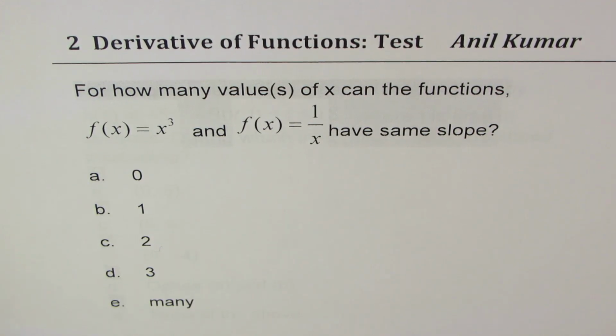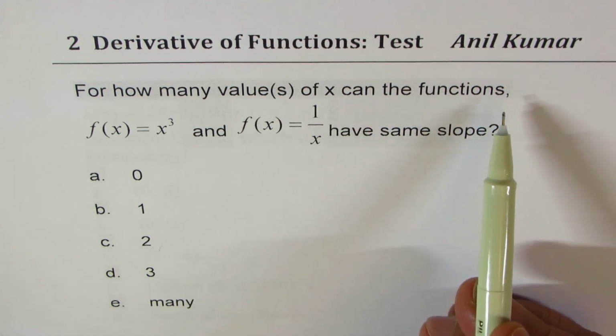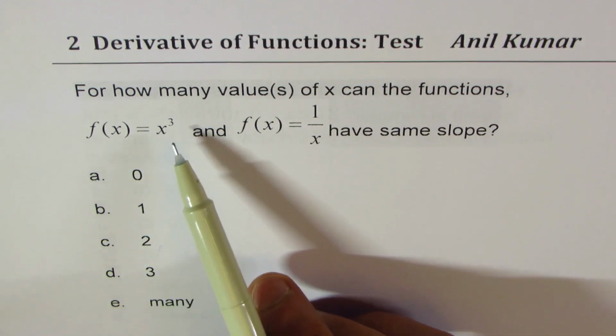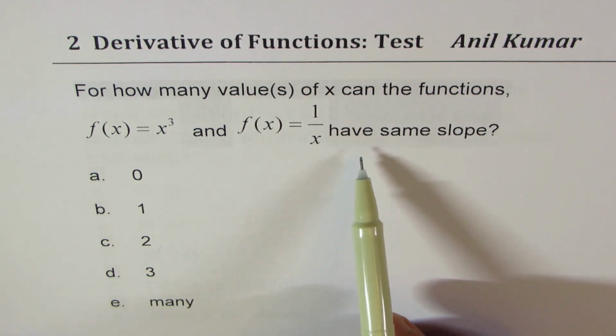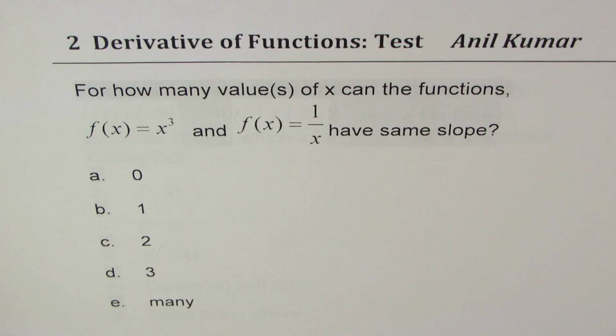Now the question is, for how many values of x can the function f of x equals x cubed and f of x equals 1 over x have the same slope? You have 5 choices.